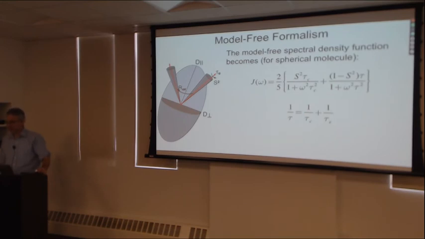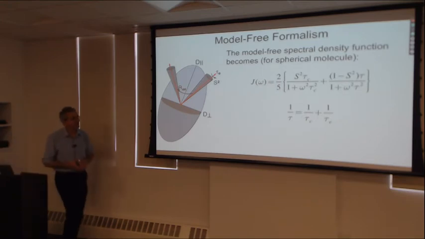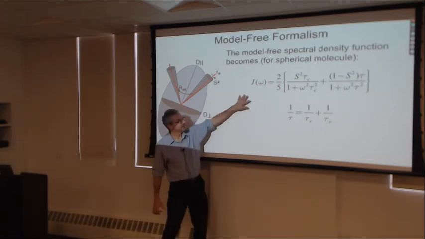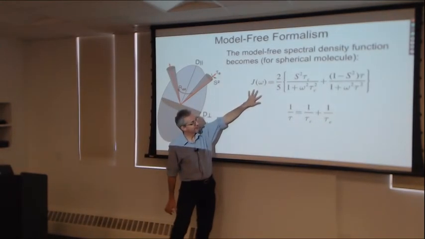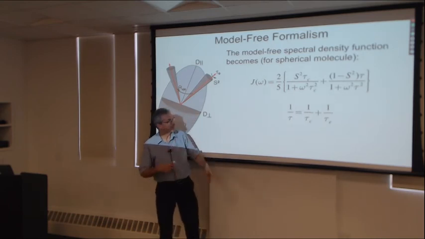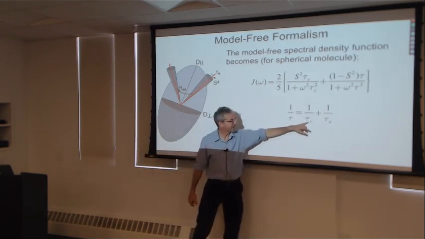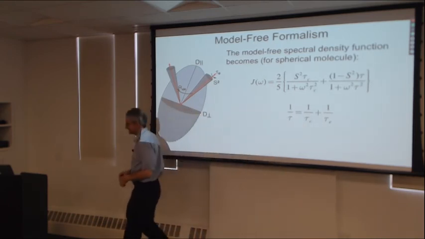So if we plug in the product of the overall coupling and the internal correlation function Fourier transform, here's the spectral density function that comes from the single exponential approximation of internal motion for a spherical molecule with correlation time tau c.